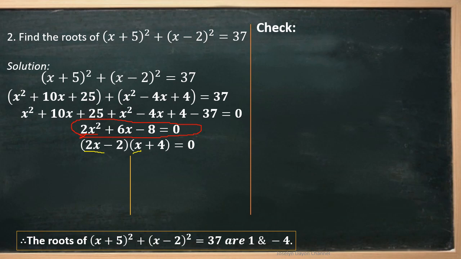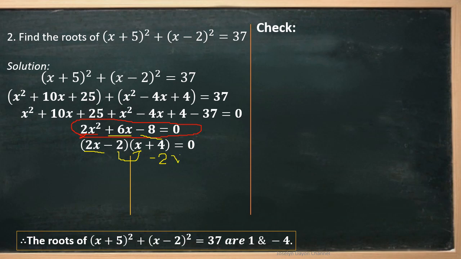Now we are going to factor out negative 8, but remember that the product of the inner terms and the outer terms will give a sum of positive 6x. So, negative 2 times 4, the answer is negative 8. But we have to check by multiplying the inner terms first. So, negative 2 times x, the answer is negative 2x.